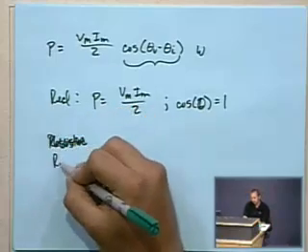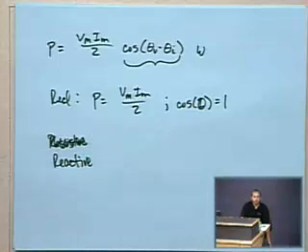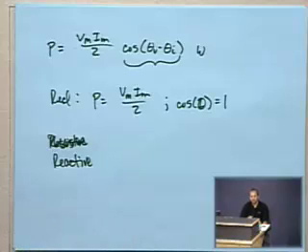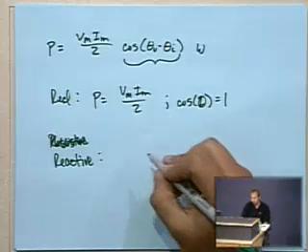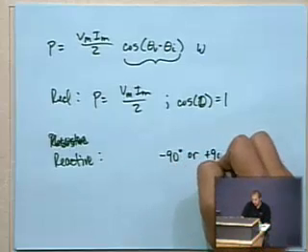If you have a wholly reactive circuit, something that contains only inductors or only capacitors, the bottom line is that the phase angle difference between the voltage and the current has to be either negative 90 degrees or positive 90 degrees.